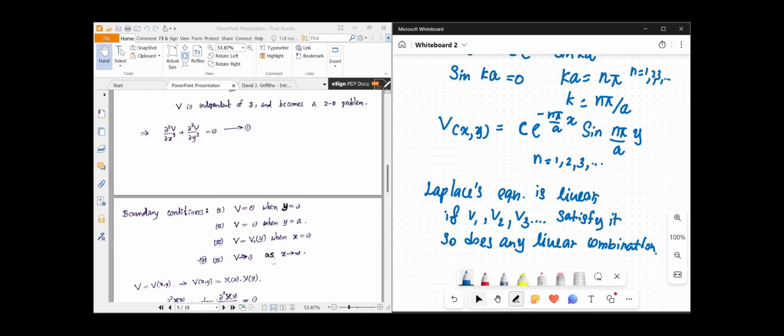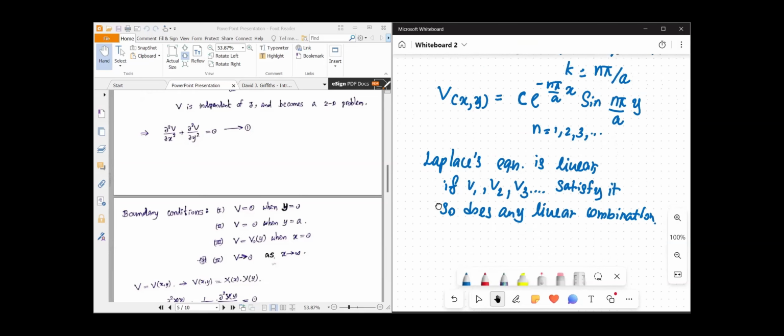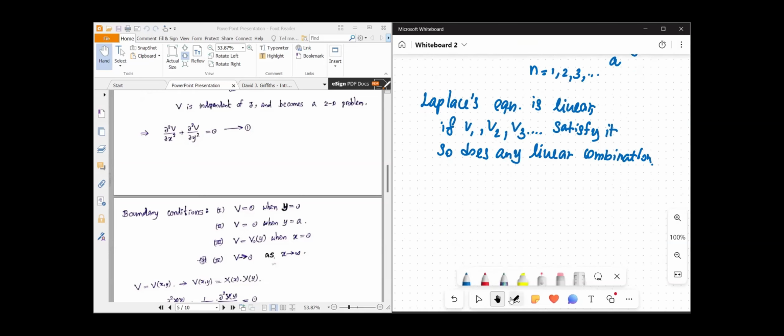Okay, which means now if I have del squared V1 is equal to 0, del squared V2 is equal to 0, and del squared V3 is equal to 0.